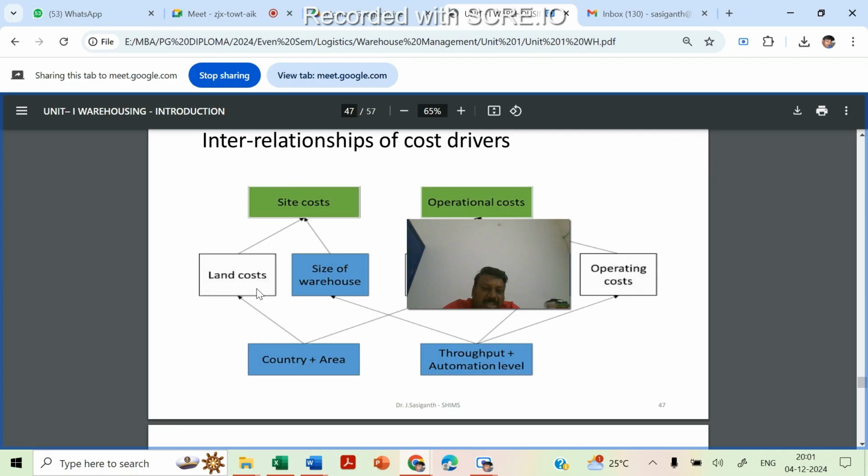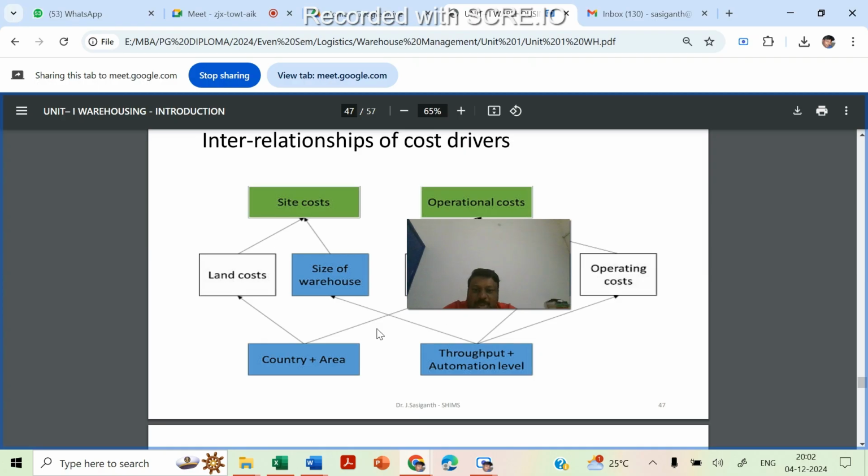This land cost will have a relationship with your employee cost, operational. Yes, the size of your warehouse will affect your number of employees and operating cost. If your warehouse is big, more employees. If your warehouse is small, fewer employees. If your warehouse is big, operating cost will be more. If your warehouse is small, operating cost will be less or medium, whatever it is.